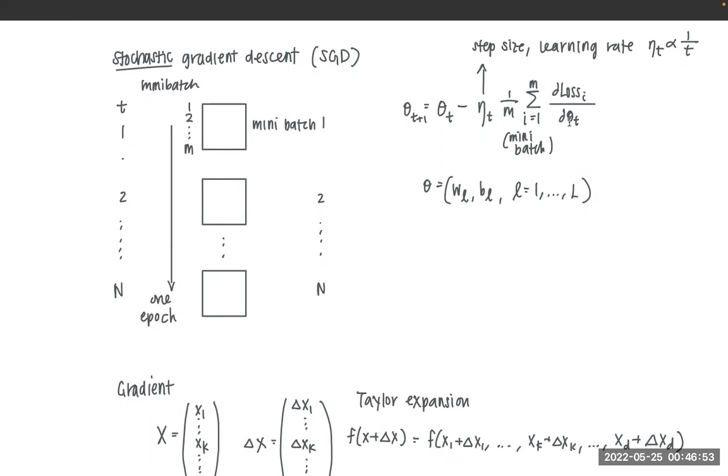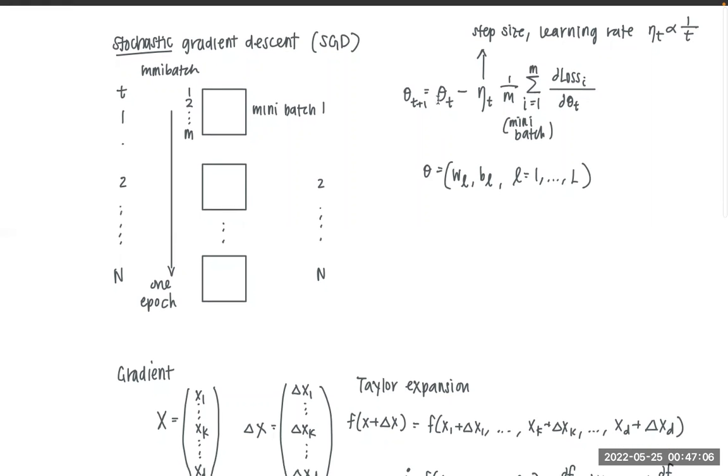We compute the derivative of the loss computed for each training example with respect to this theta, and then we average over all the training examples in this mini batch to make one update. And then next time you go to another mini batch to make another update and keep going.